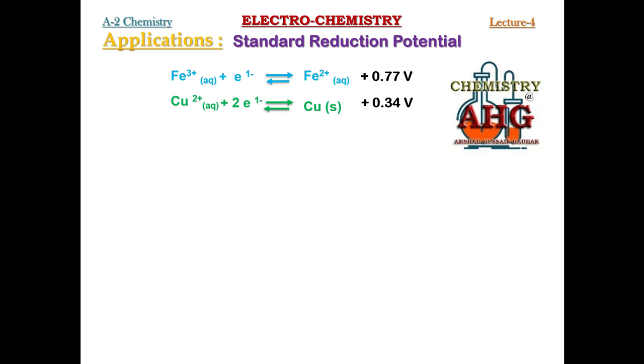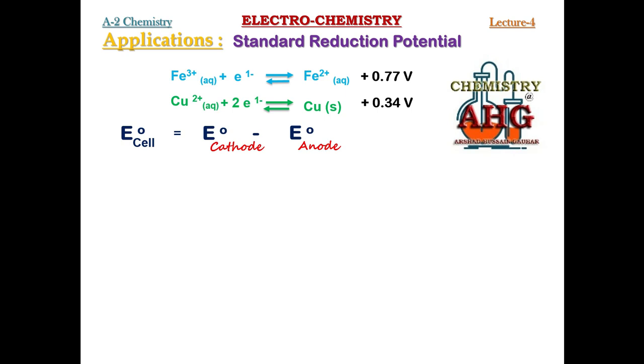Okay students, if you have done, just look at this. What should be its standard cell potential? Reduction potential of cathode minus reduction potential of anode, since I asked to calculate standard cell potential for a voltaic cell. Now which half cell would be the cathode and which the anode? Look at which half cell has the mathematically greater value of standard reduction potential.